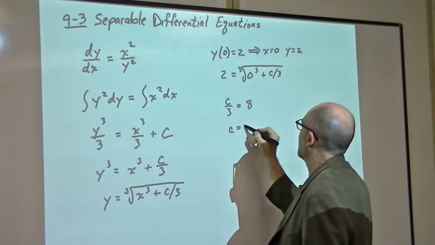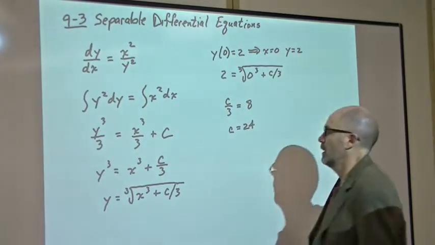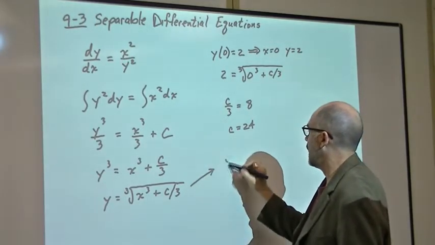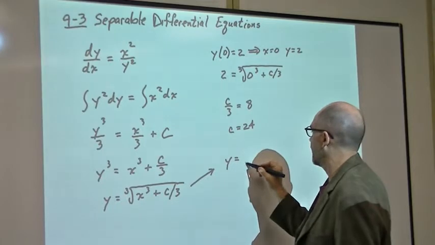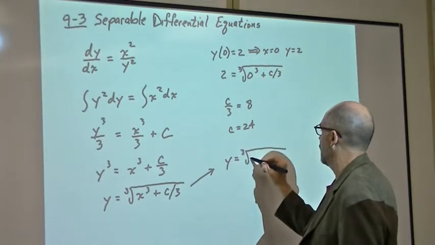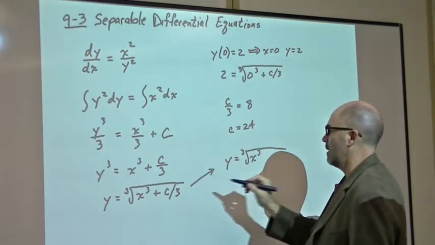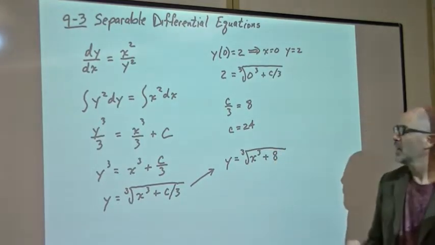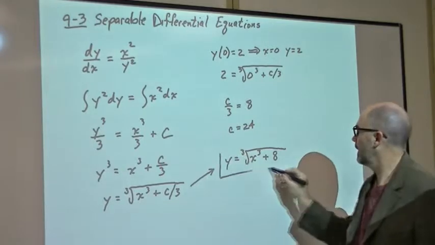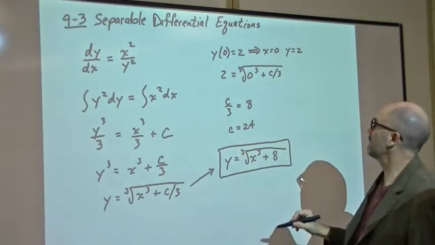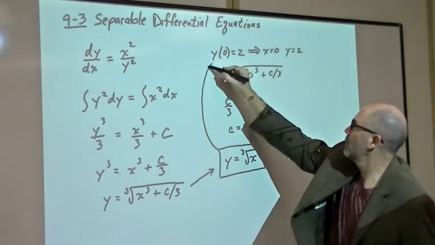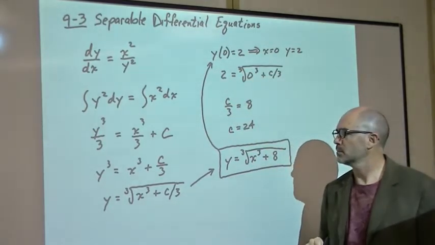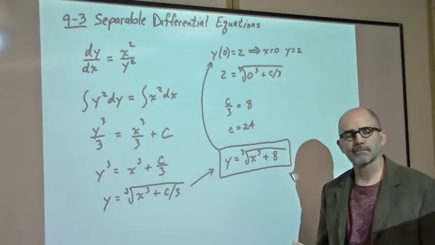Okay, so now I can just say y equals the cube root of x cubed plus 8. So now here is the specific solution for these initial conditions. That's it, piece of cake.